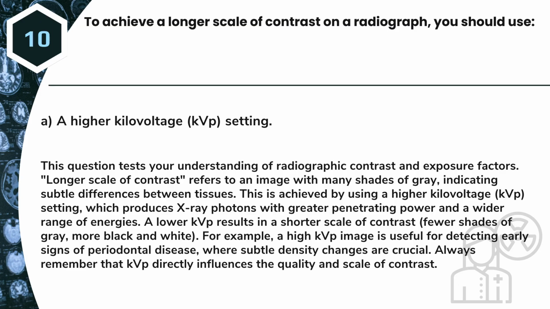A lower kVp results in a shorter scale of contrast, fewer shades of gray, more black and white. For example, a high kVp image is useful for detecting early signs of periodontal disease, where subtle density changes are crucial. Always remember that kVp directly influences the quality and scale of contrast.